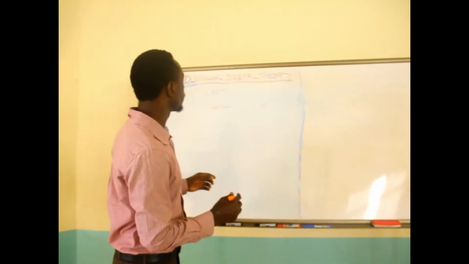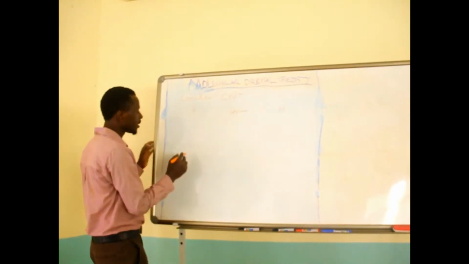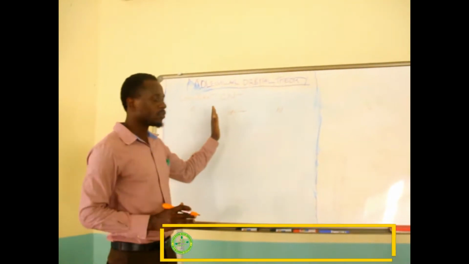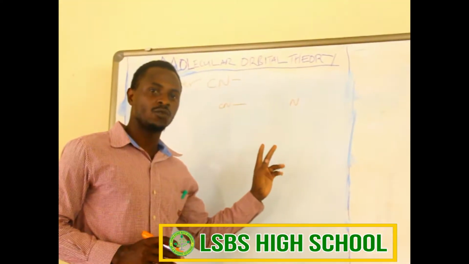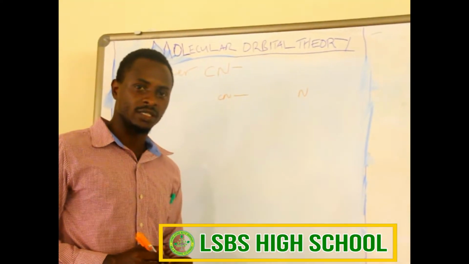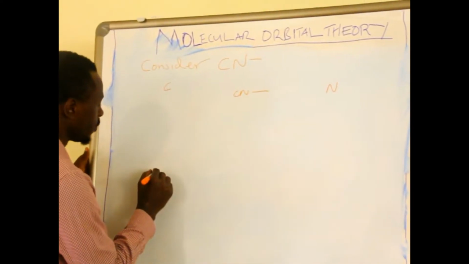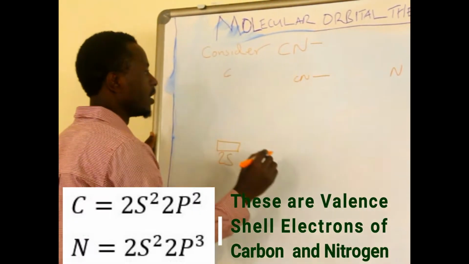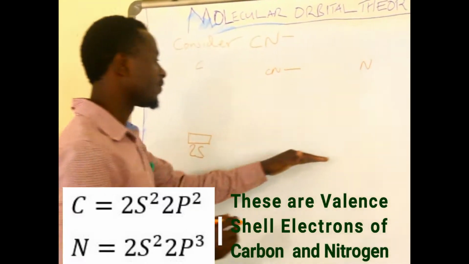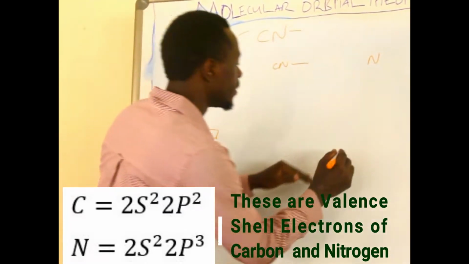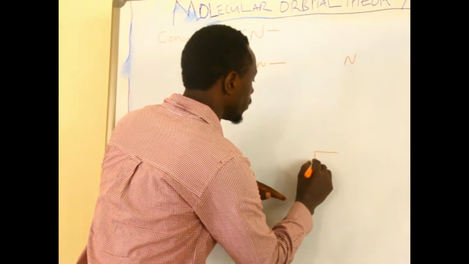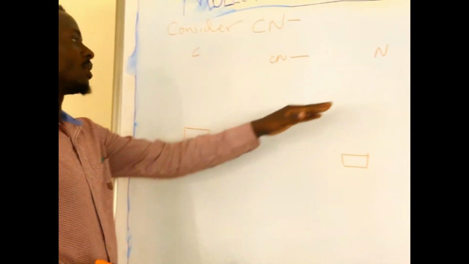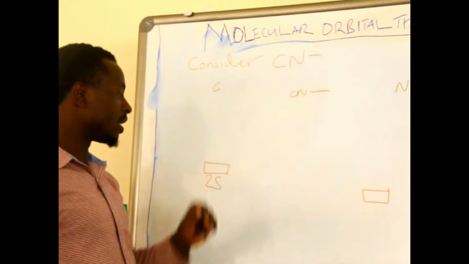Now let us see how these electrons are arranged. In carbon, we have two orbitals present in the valence shell, 2p and 2s. Starting with 2s, we have 2s for carbon and 2s for nitrogen. But for nitrogen, this level will be below, since nitrogen is more electronegative than carbon.